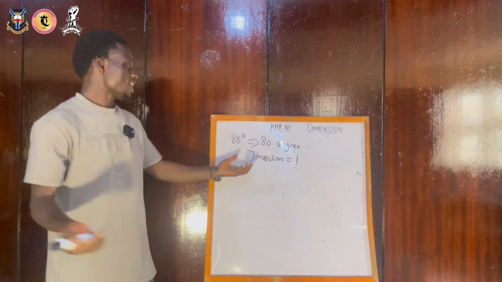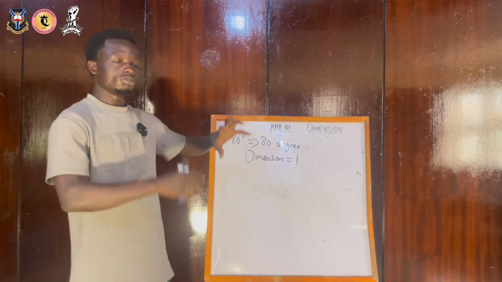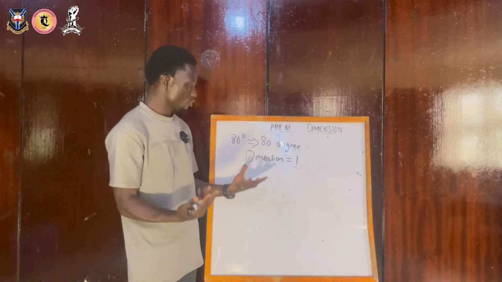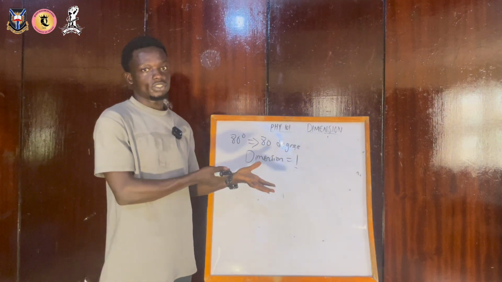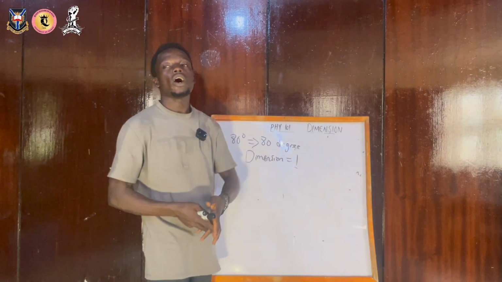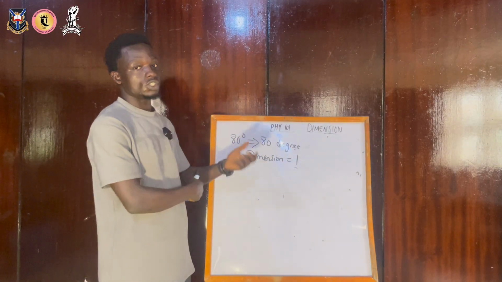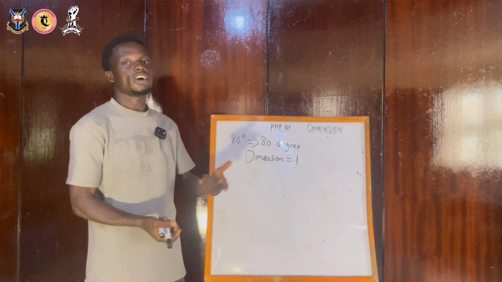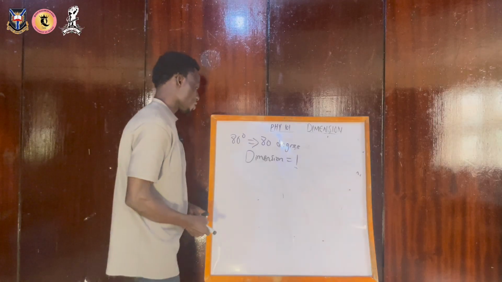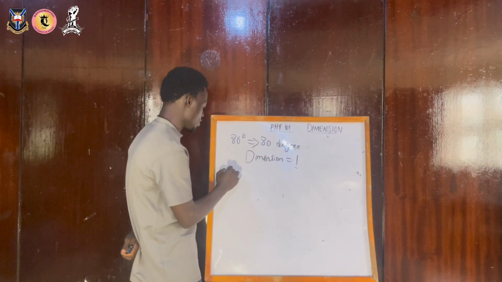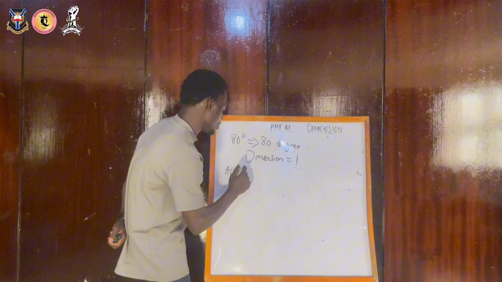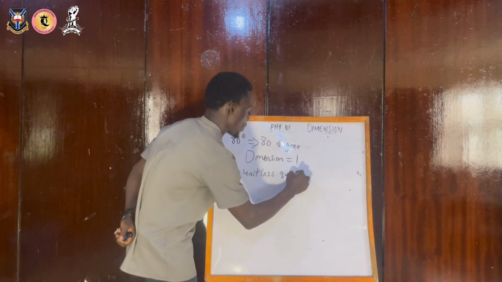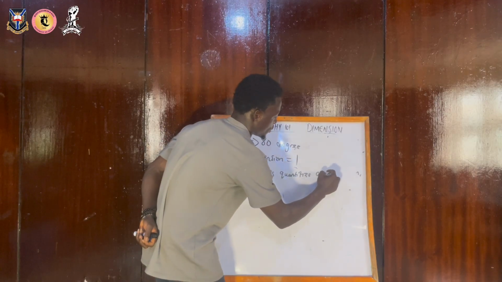So we have some that have units, but they don't have dimension. So not all dimensionless quantities are unitless. Some quantities don't have dimension, but they have units. But there is no way a quantity can have dimension when the quantity does not have units. A quantity can still have units without a dimension, but you cannot have dimension when you don't have units. For instance, let me write this out.